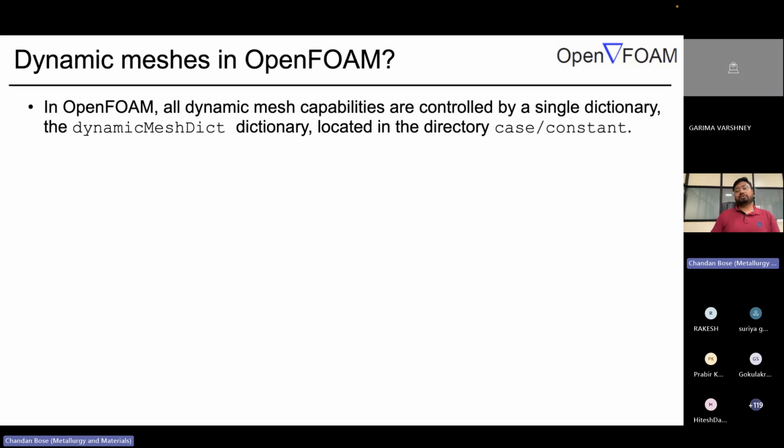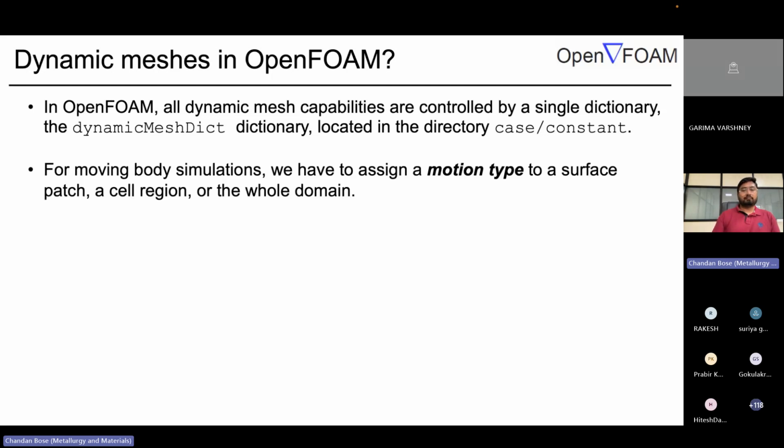So when we try to use dynamic meshes, we need this additional dictionary within the constant folder, which is called dynamicMeshDict, okay, which is located in the constant folder. Now, within this dynamicMeshDict, we provide the information relating to what type of dynamic mesh motion we want to use. And we also have to assign a motion type, right?